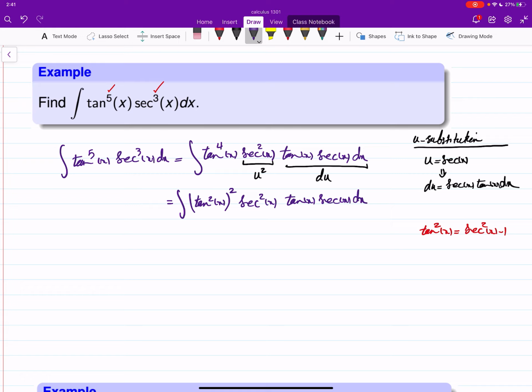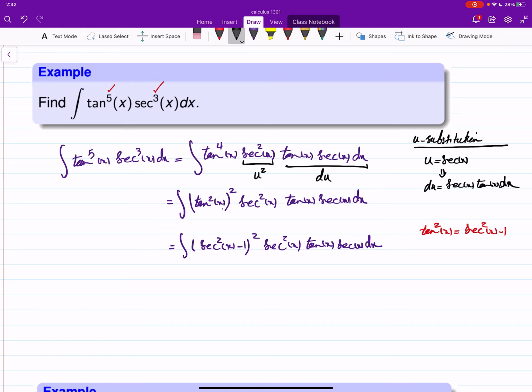And then we replace that tan squared inside by secant squared x minus 1, squared, times secant squared x tan x secant x dx. So by doing so, we turn that remaining even power of tan and write it in terms of secant, actually secant squared.